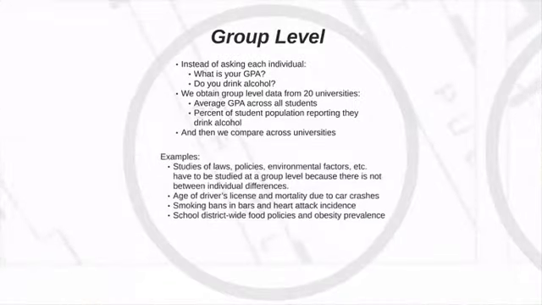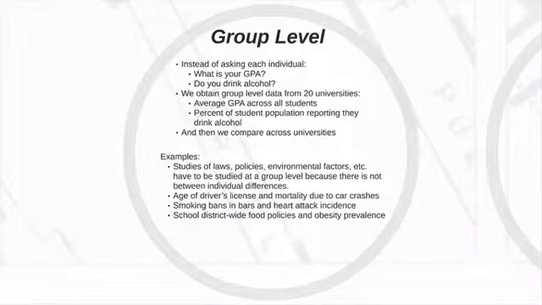So that you are dead certain on what we mean by group level, what we're looking at in ecologic studies, say we wanted to do a study of alcohol intake and GPA. Instead of asking each person in this class, what is your GPA, and do you drink alcohol, and then looking at a correlation, say we instead obtained group level data from 20 universities.